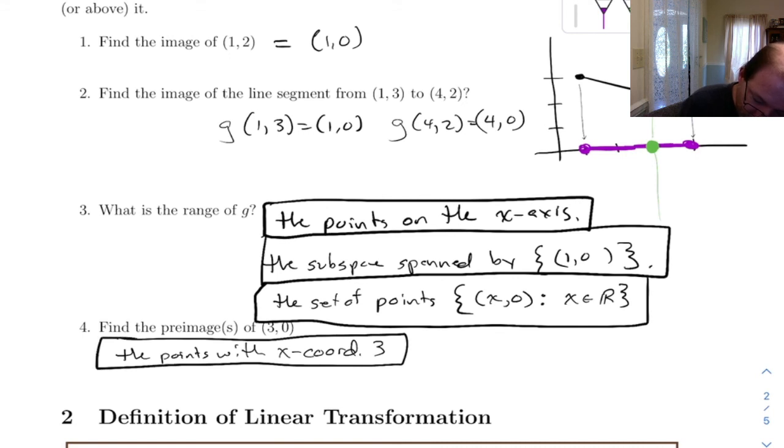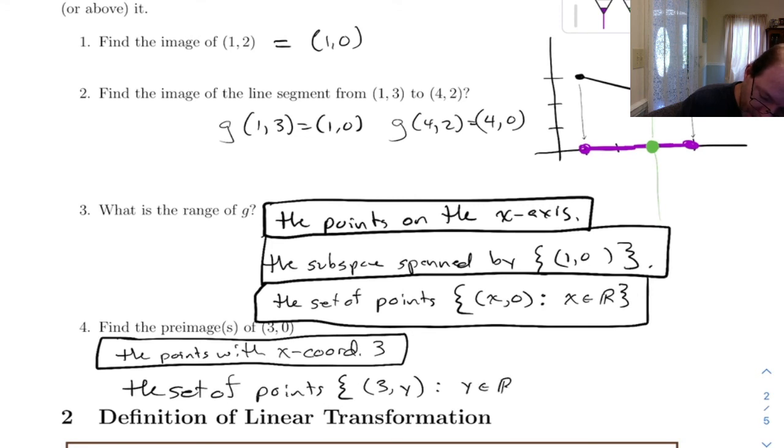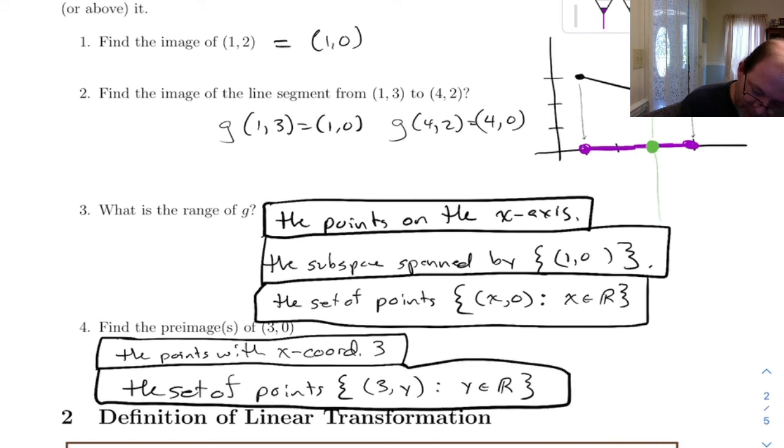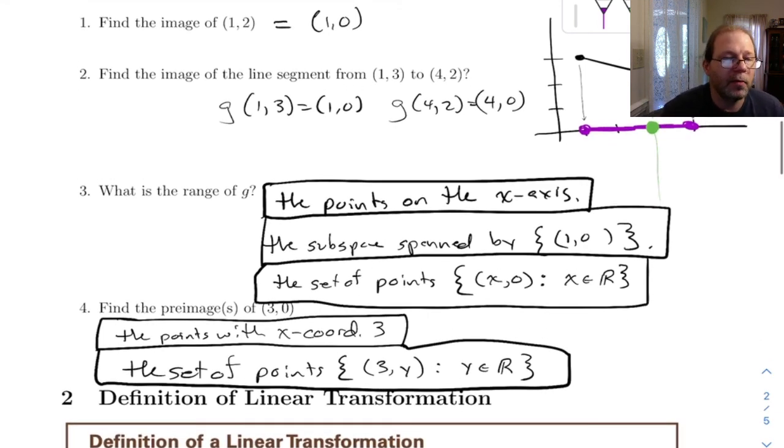You could also say the set of points (3, y), where y is any real number. So either one of those are perfectly good ways to talk about the pre-images of (3, 0). All right, we'll talk about the definition of linear transformation in the next video.